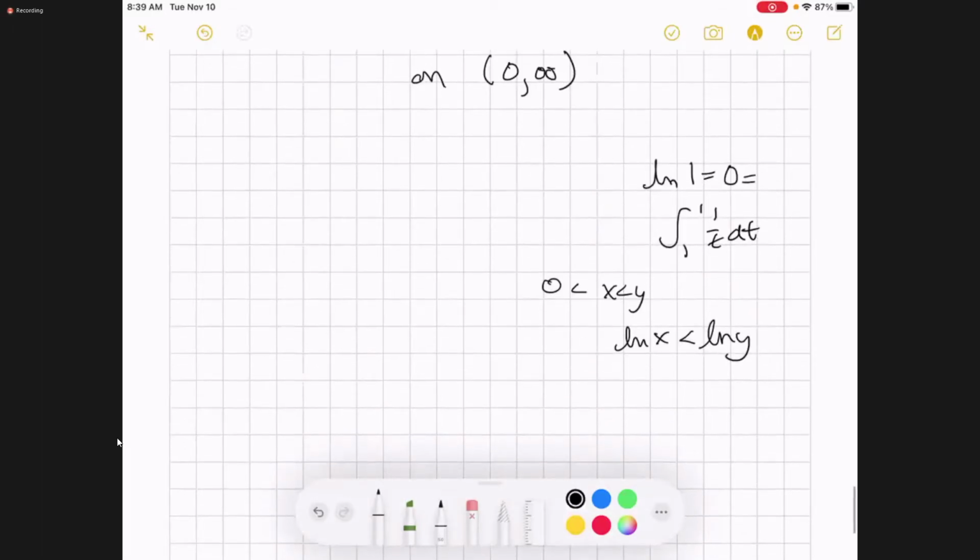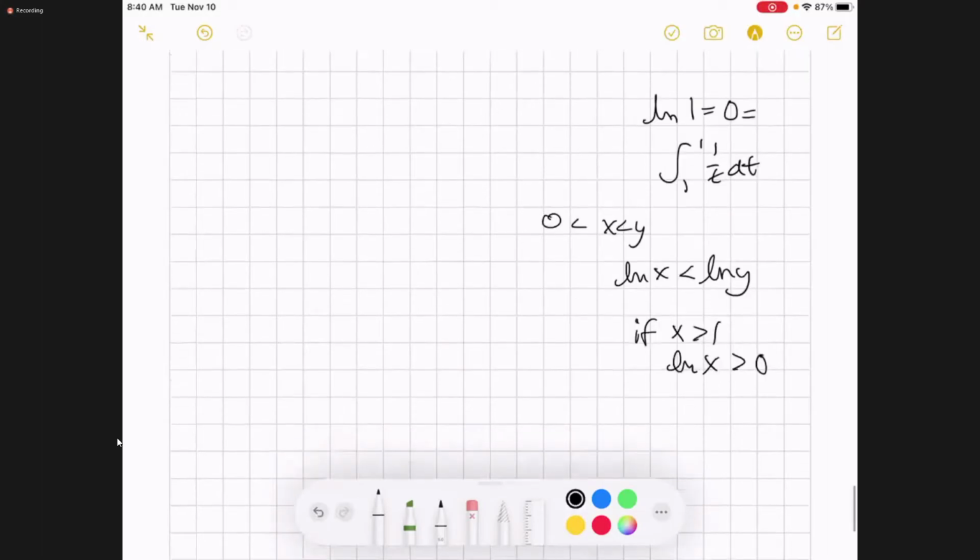We know that if x is greater than 1, ln of x is positive, and if 0 is less than x is less than 1, ln of x is actually negative.